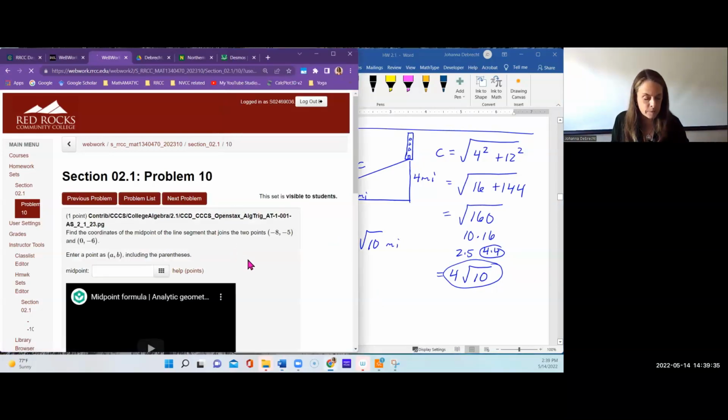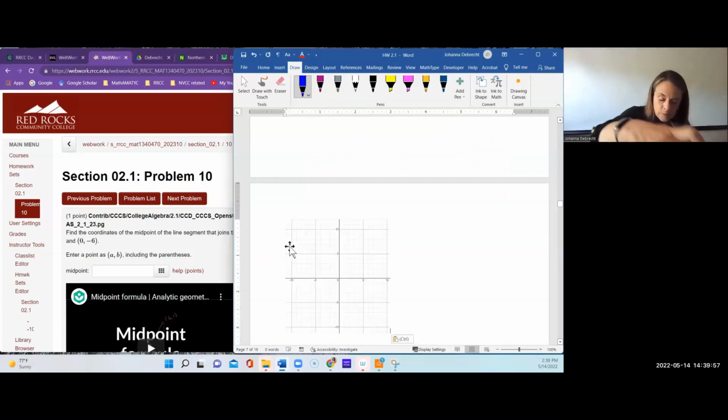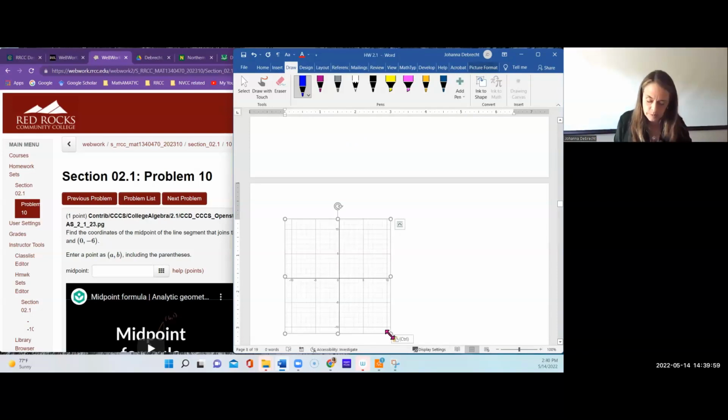Let's look at problem number 10. Find the coordinates of the midpoint of the line segment that joins the 2 points, (-8, -5) and (0, -6). We're going to need to plot our points, so I'm going to put them here.